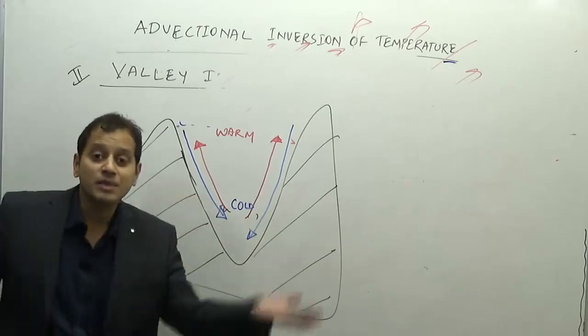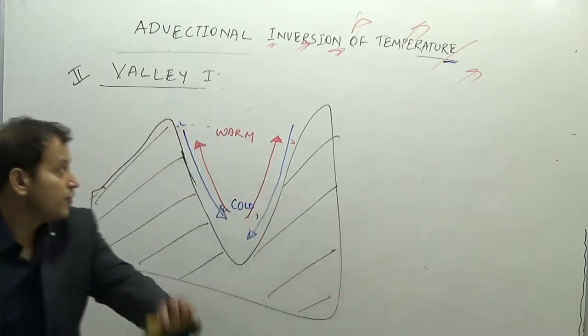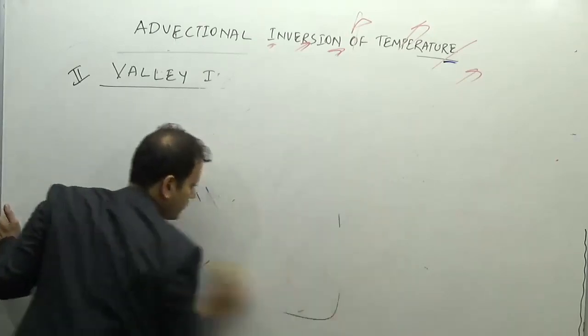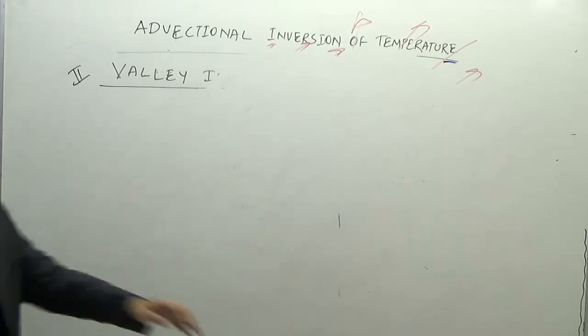Now, what is the human significance of it? I will come to it later on. But before that, you write down some of the points, or remember the points. First is valley inversion.